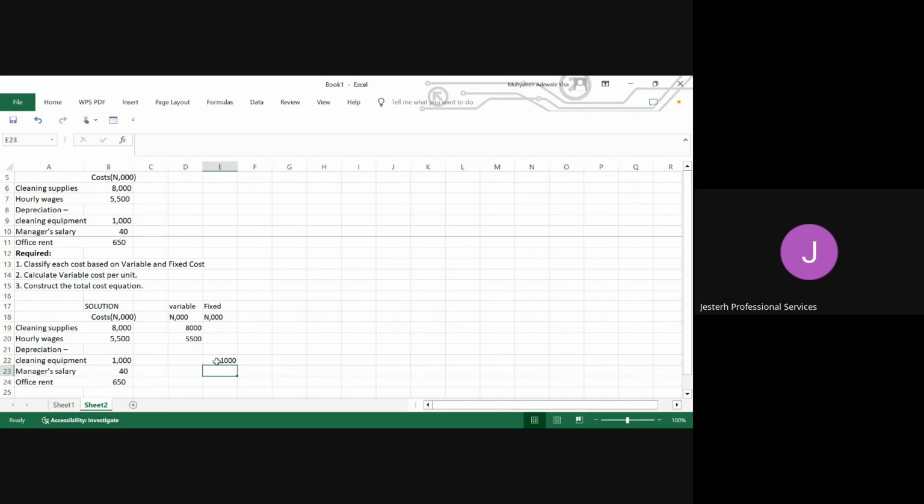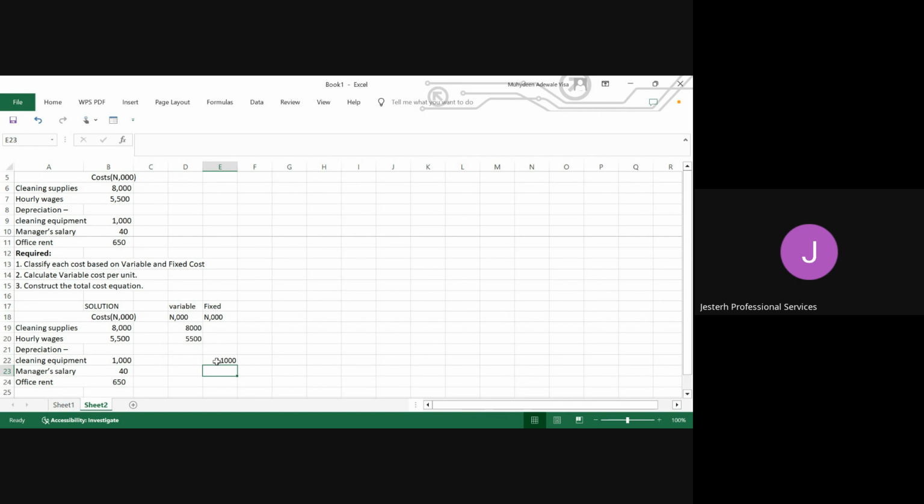Now, manager salary, as the coordinator, is your salary still fixed or does it change as the level of activities changes? You need to be thinking about it, supervisor. The organization employs you, whether the activities carry on or not, they must pay for your service.